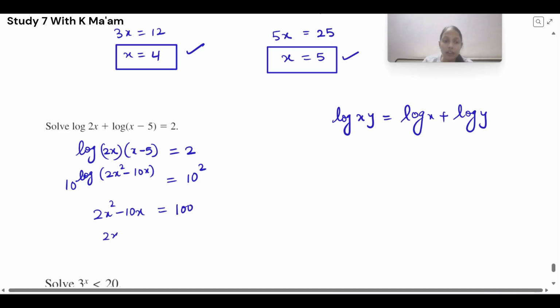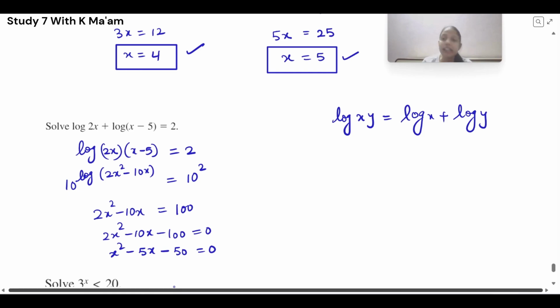You have 2x square minus 10x minus 100 equals 0. You can divide by 2 on both sides. x square minus 5x minus 50 equals 0.